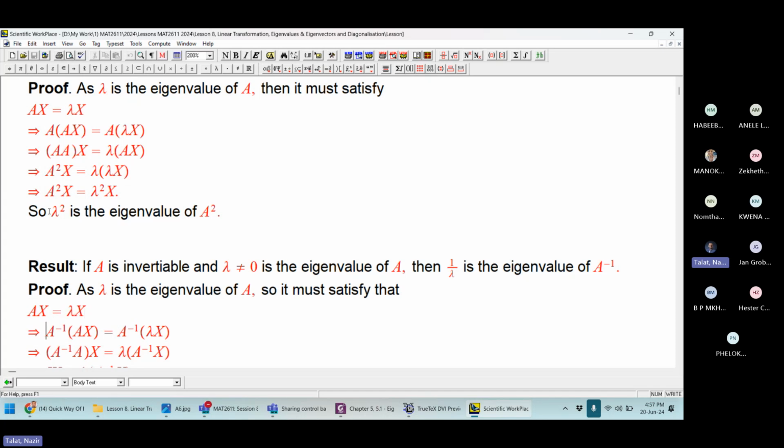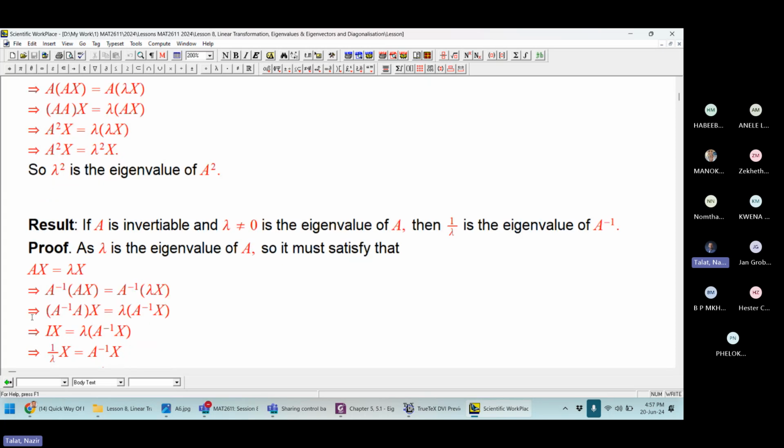Now, if we multiply A inverse on the left side of both sides, A inverse comes over here. Lambda can be taken out of the matrix multiplication, and we know that A inverse times A is the identity because A is an invertible matrix.